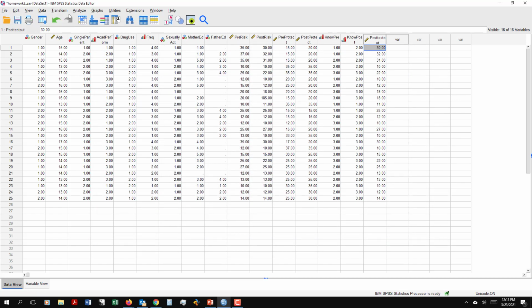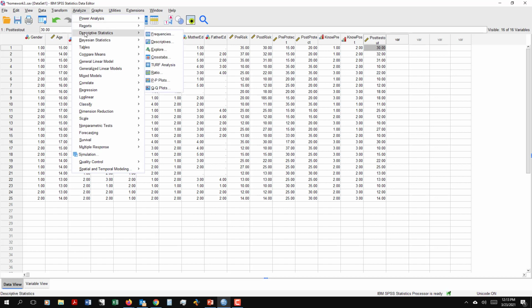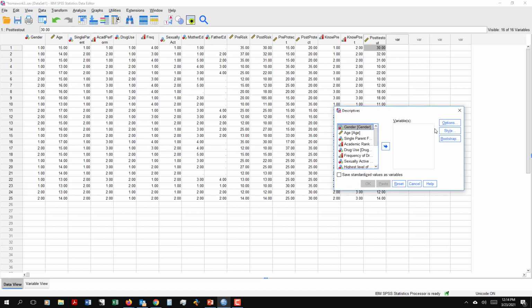Okay, so the other thing we want to do before we go any farther is we then want to look at our descriptives for our interval ratio level. So we have age, we have our pre-test, we have our post-test, right?